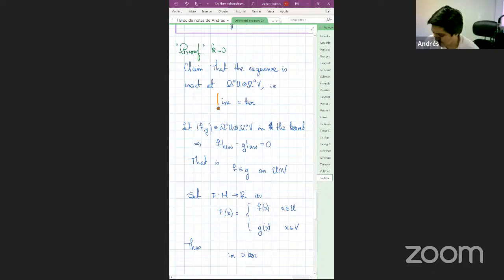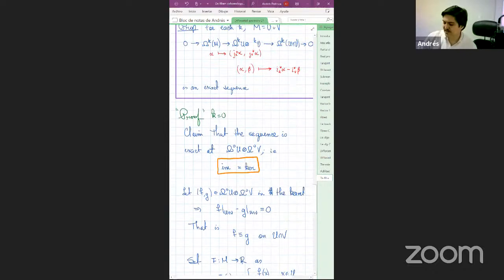Remember that this is what? We want to prove the equality of those two sets, and we just showed that the kernel is inside the image. The other inclusion is the easy one, right?